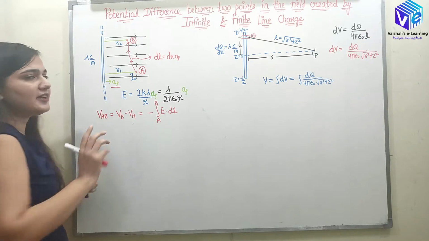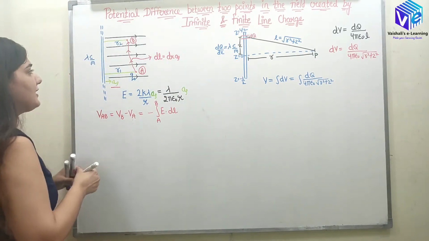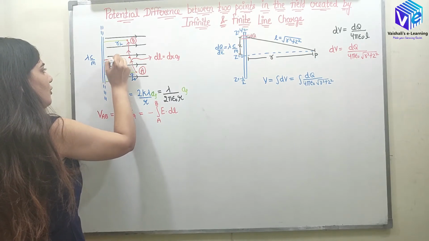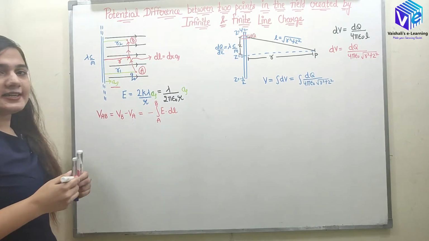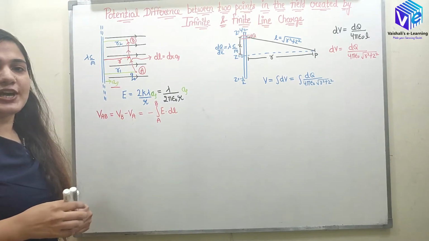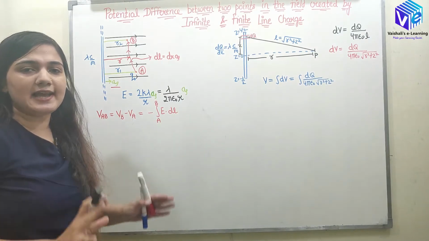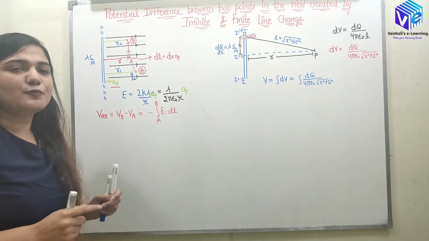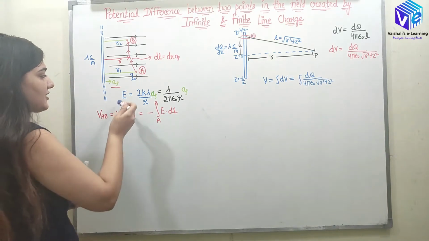This is the infinite line charge. At any random point, let's suppose my point is somewhere here, at distance r from the infinite line charge, I know the electric field due to this infinite line charge. I hope you have seen the previous video now, and you can guess the electric field.